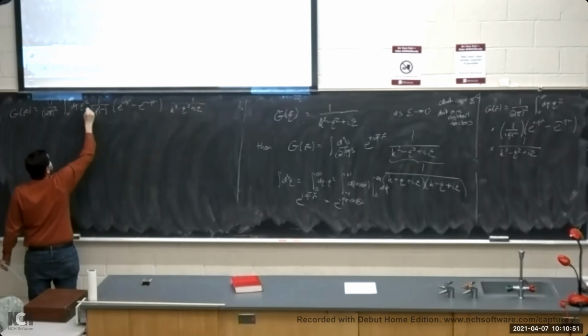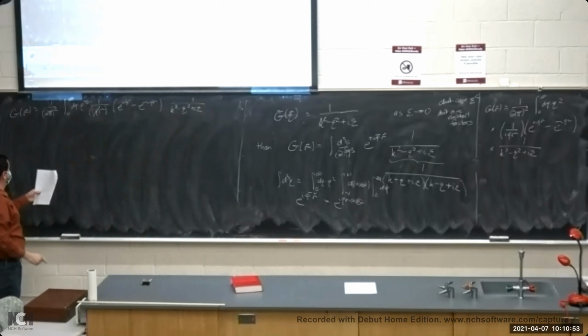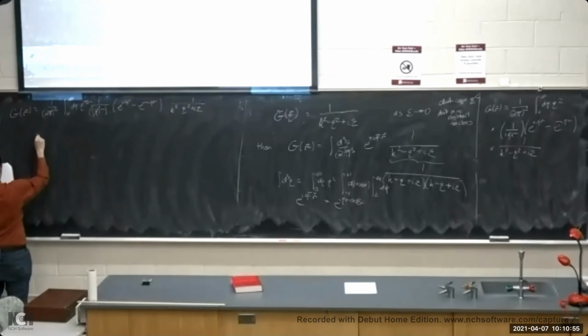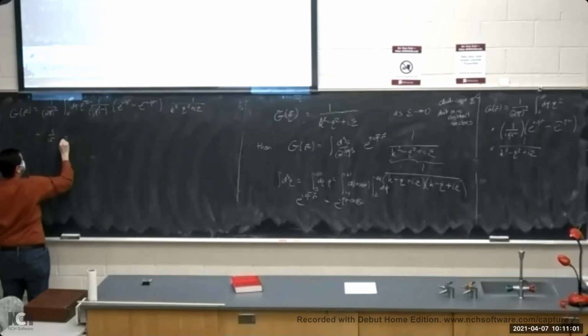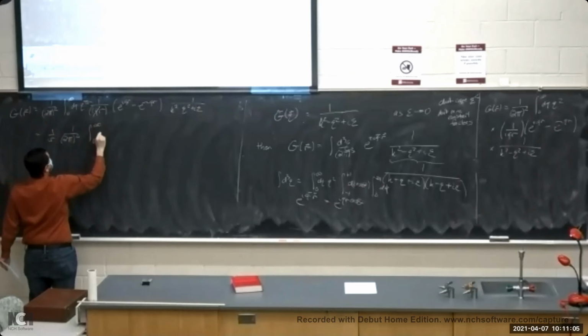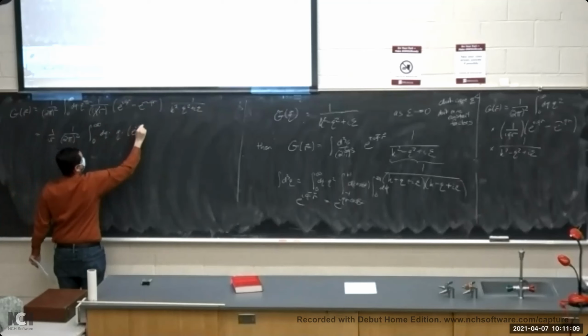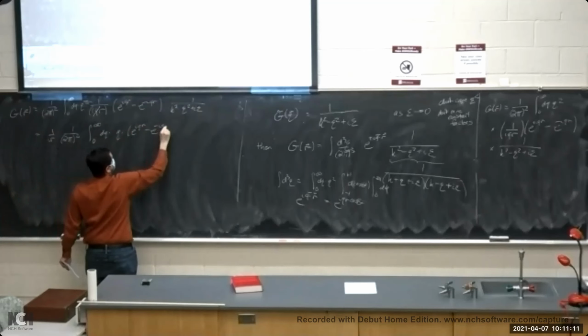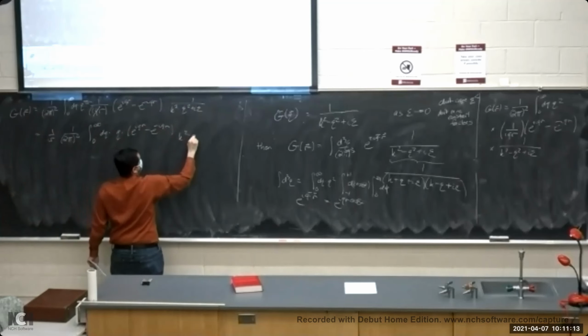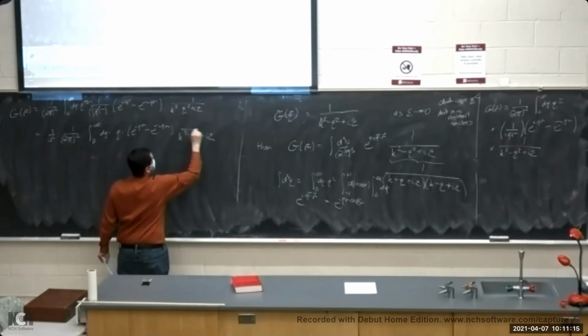So 1 over q cancels one of those factors. Yes, so I have 1 over ir, 1 over 2 pi squared, integral from 0 to infinity dq q, e to the iqr minus e to the minus iqr, over k squared minus q squared plus i epsilon.